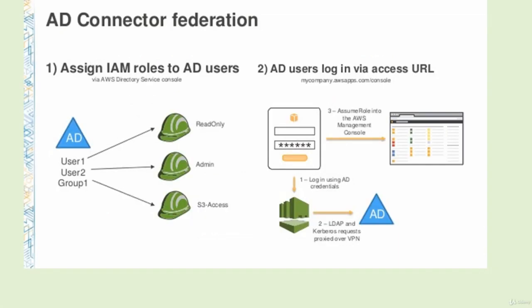Similarly, we can have AD Connector federation, which could be assigned IAM roles to connect different AD users for read-only admin or S3 access. You have write-only access permissions, read and write permissions, root permissions, and different kinds of access permissions.